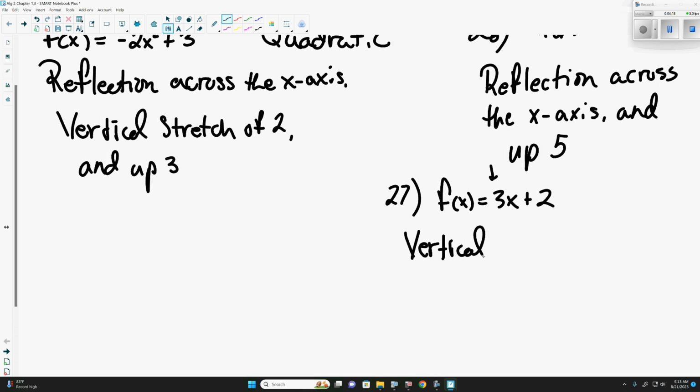Stretch, because it's greater than 1, so it's a vertical stretch of 3, and the plus 2 tells us what? Up 2. And that's it. And I think 31 was the only other one in that set. It's very similar to what we did for those.